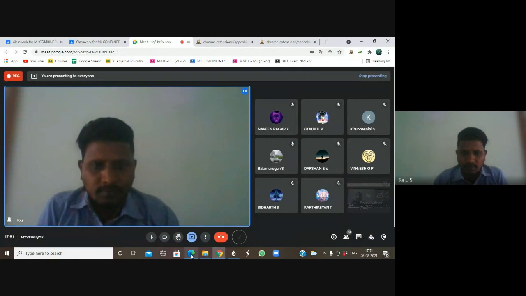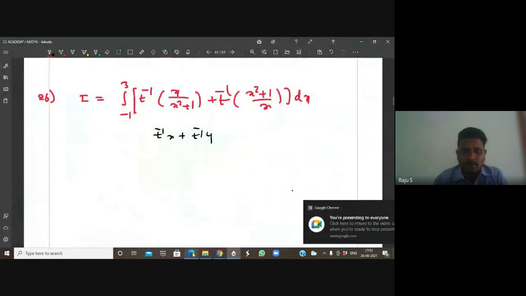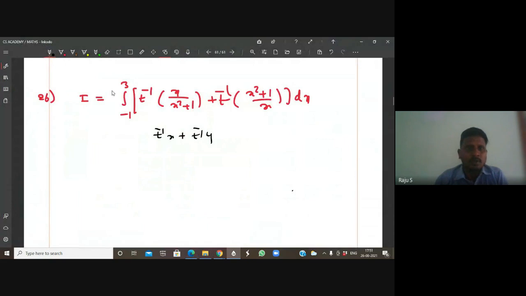Okay, fine. Now we are doing this question. When you see this question, tan inverse x plus tan inverse y is tan inverse of x plus y by 1 minus xy. This is an inverse trigonometric property. So I is equal to the integral from minus 1 to 3.